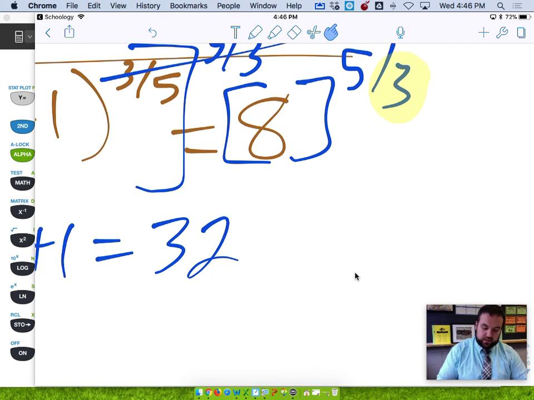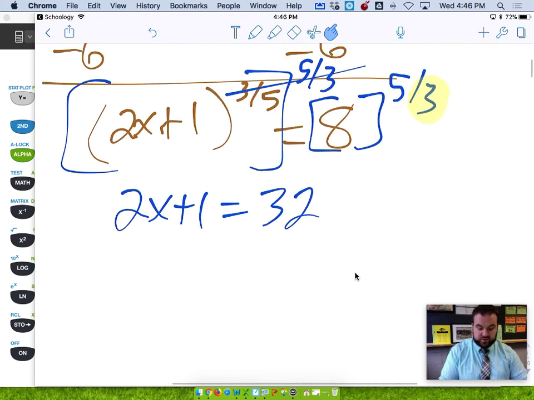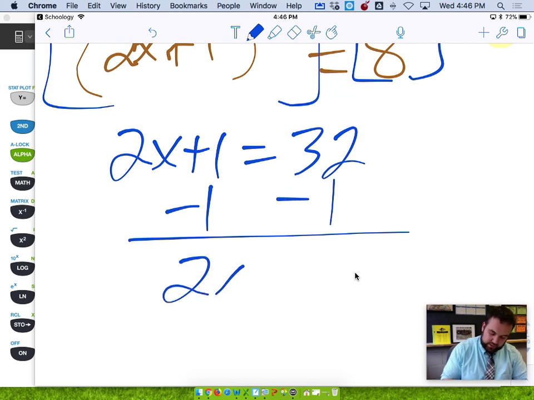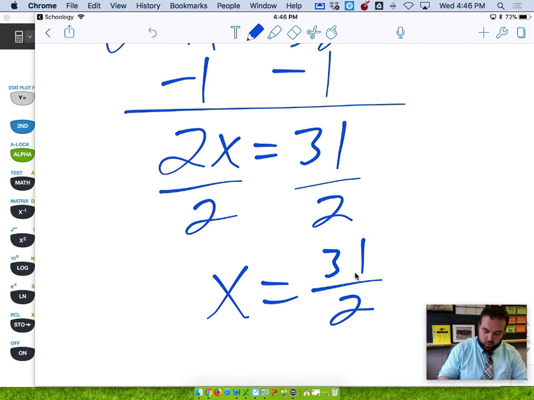That means this is only going to have one solution. I don't need to use the plus and minus. So here I'm going to just solve this real quick. Take away 1 from both sides. 2x is equal to 31. And then finally divide by 2, and I get x is equal to 31 over 2, or 15.5.